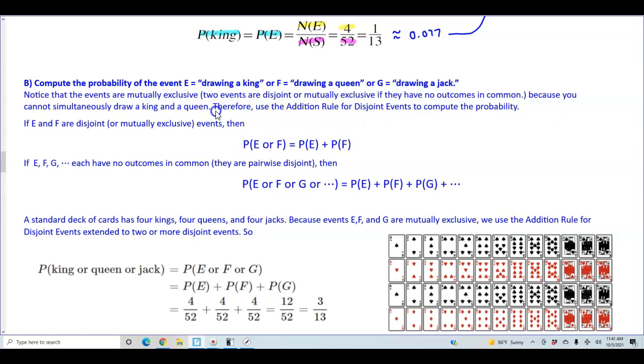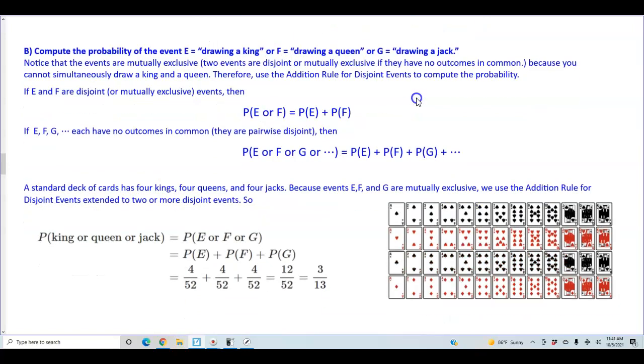Now, if E and F are disjoint or mutually exclusive events, then we said that the formula for that is the probability of E or F is equal to the probability of E plus the probability of F. And if there are more than one event, then we would have probability of event E plus the probability of event F plus the probability of event G. Now, in our question, we know that we have drawing a king, drawing a queen, or drawing a jack.